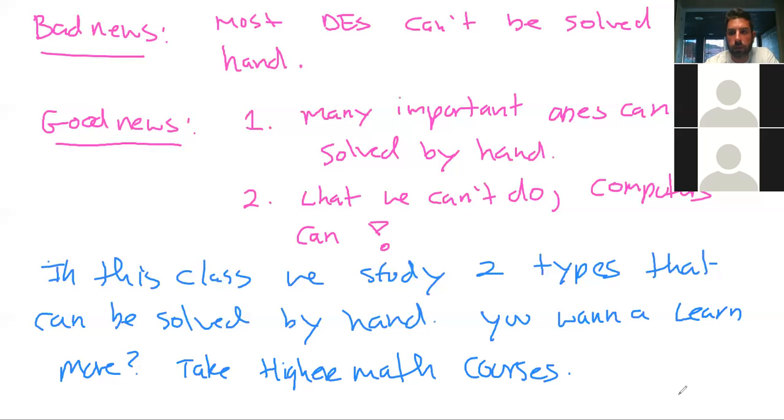Does anybody have a question? And by the way, there's tons. If you were at a big university, they often have a few differential equation courses, even for undergraduates, that you could take. You'd have an intro one, then you can have some upper level ones. There's lots that you can do with these kinds of things.